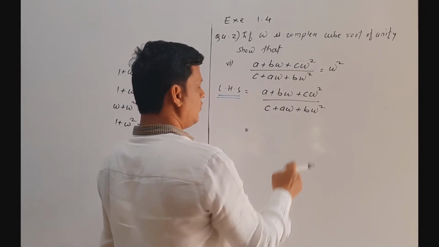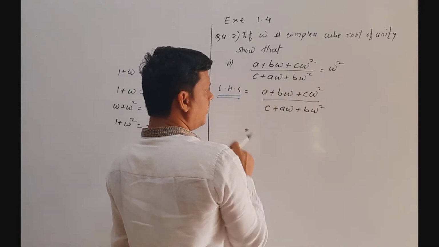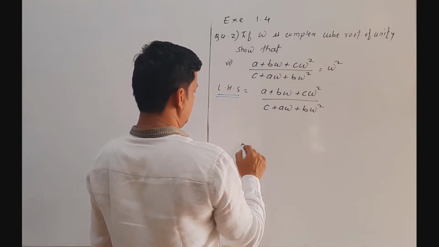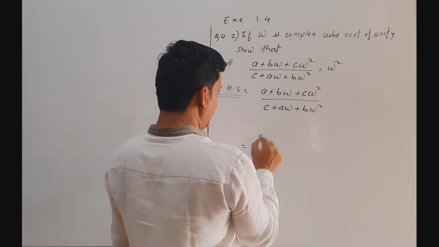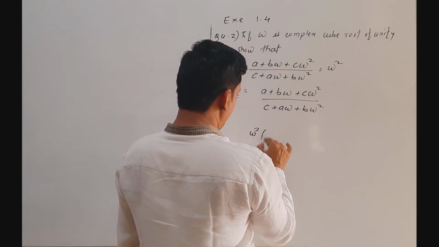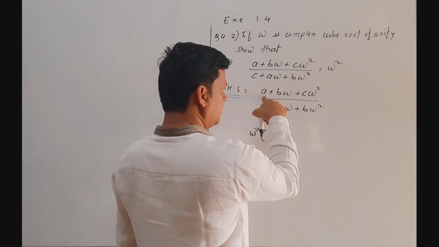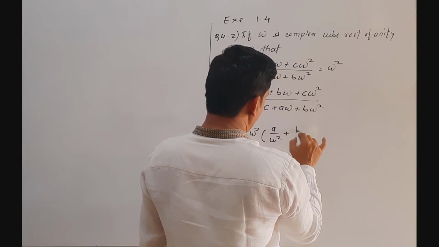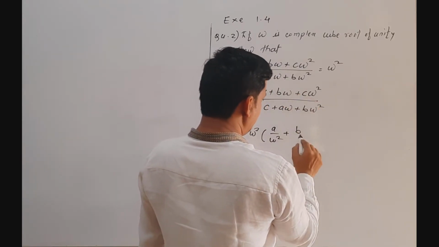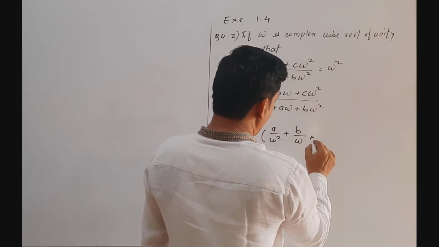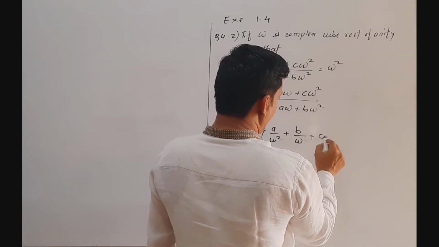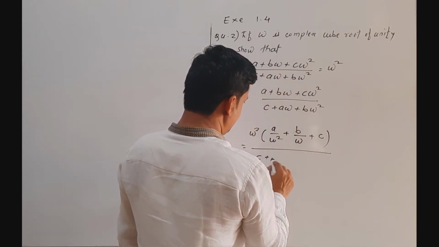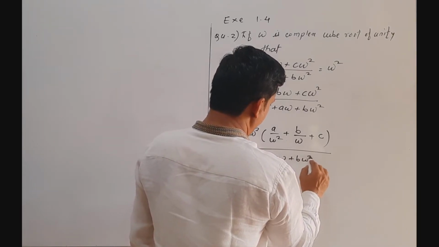So we take ω² common from each term. Now here we require ω² on RHS, so we take ω² common from the numerator. We write ω² in bracket: here ω is absent, so we write a/ω² plus b/ω, plus we take cω² common, so c, upon the denominator as it is, c + aω + bω².